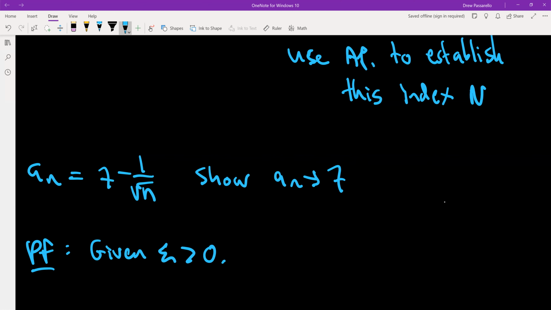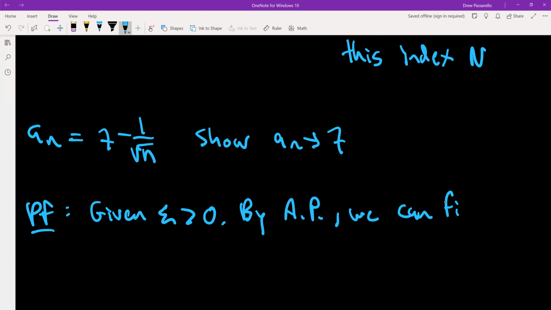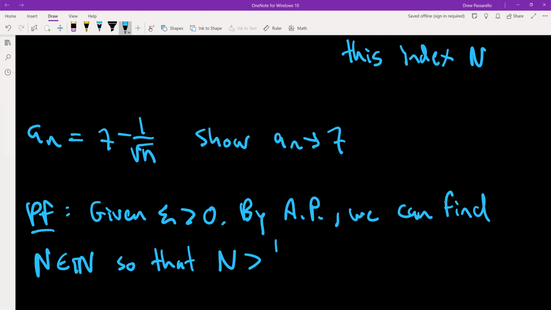Given epsilon, by Archimedean principle, we can find a capital N in the natural numbers so that capital N is bigger than 1 over epsilon squared.